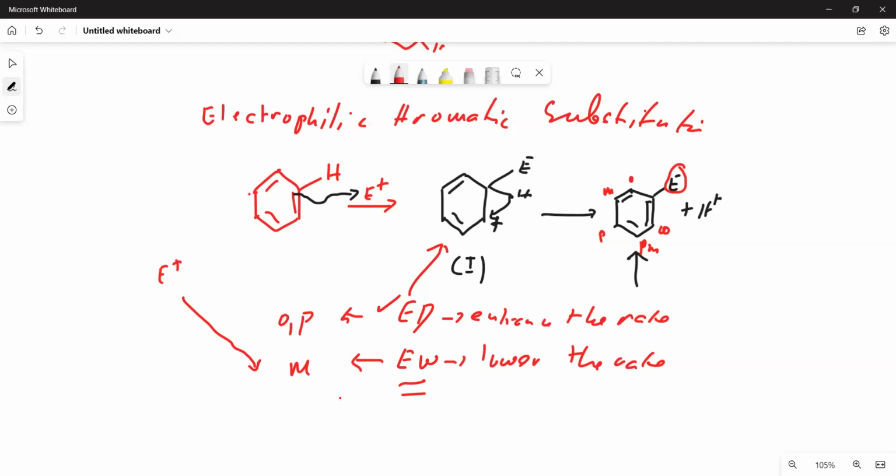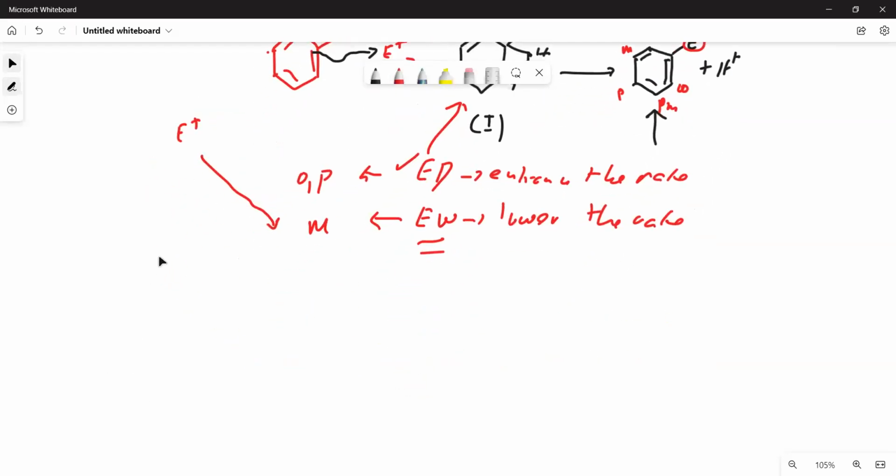So, what are the common electrophiles in electrophilic aromatic substitution? There are 5 basic electrophiles. One, you have NO2+. You call that nitronium ion. Another one is you have Cl+ and Br+.